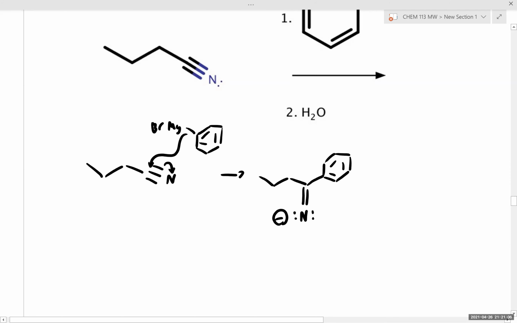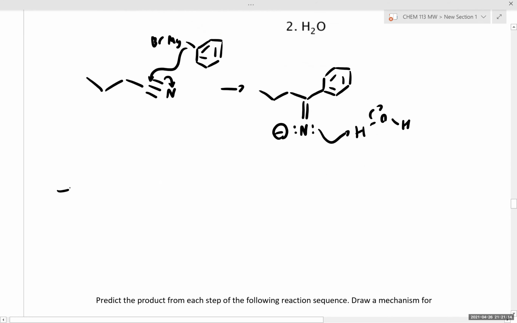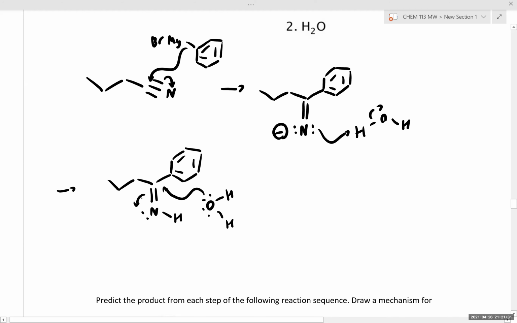And now this is where something interesting happens. When we quench with water, first we'll protonate this imine. Now from here, this imine is not particularly stable. So now water is going to go in and attack our imine.